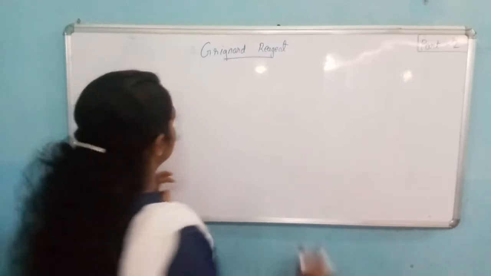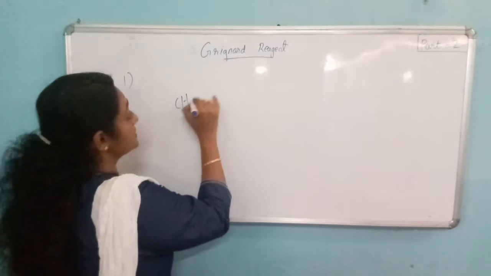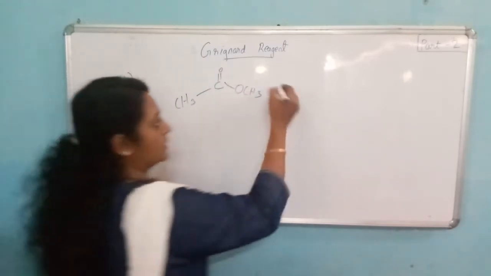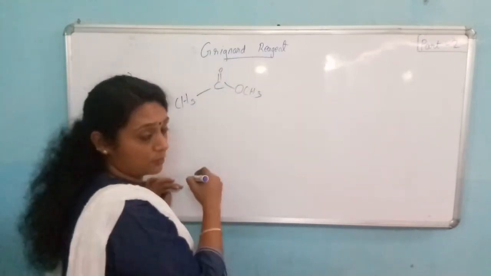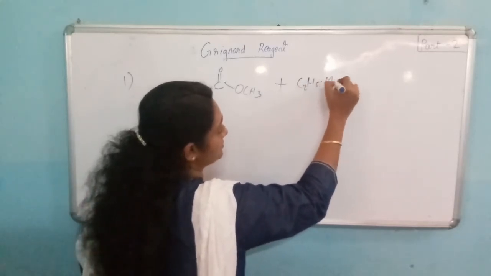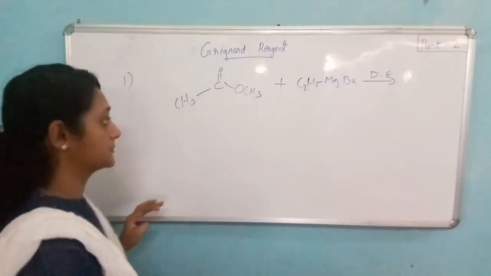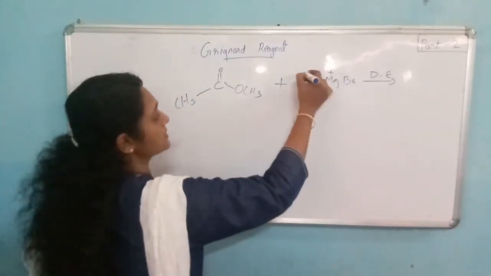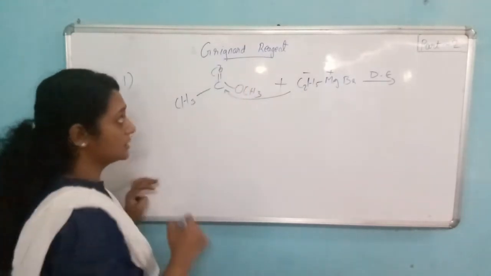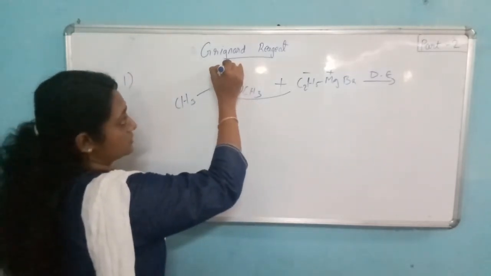Then in place of hydrogen we are taking CH3, C double bond O, OCH3. This is an ester other than formate ester, plus C2H5 MgBr in presence of dry ether. What will be the product? Same mechanism, Mg plus, C2H5 minus, it will attack the carbonyl carbon, and oxygen gets a negative charge.